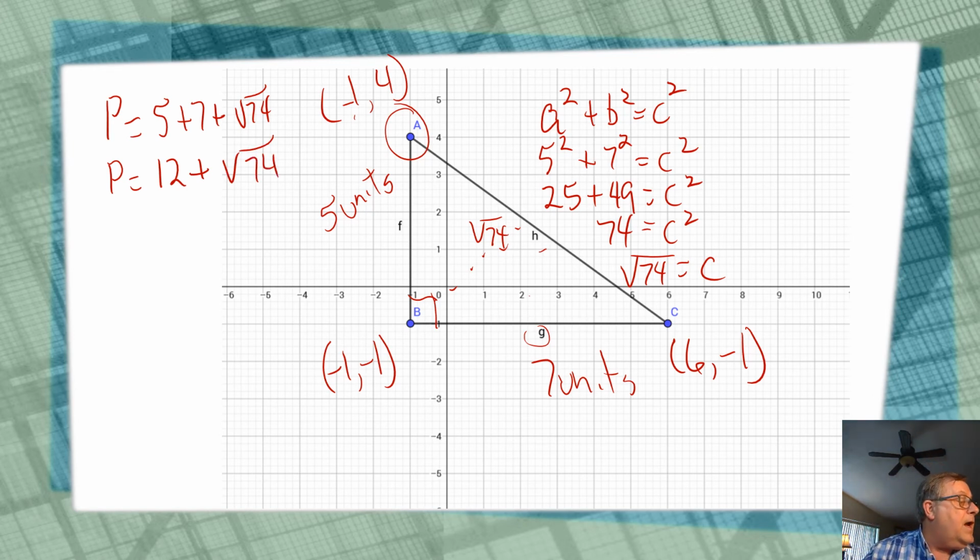I could get a value for that on the calculator: 12 plus the square root of 74 is about 20.6. So the perimeter is approximately 20.6.